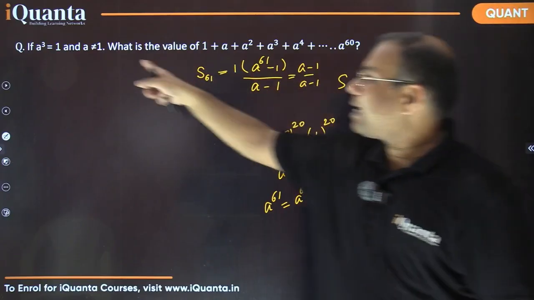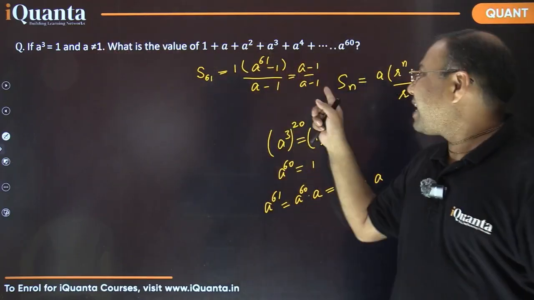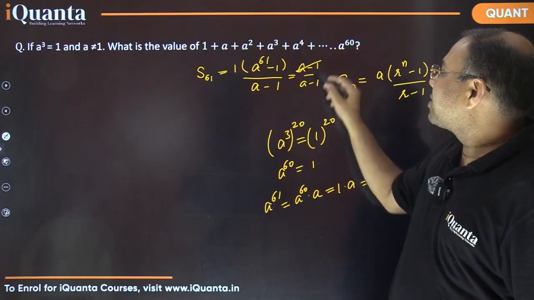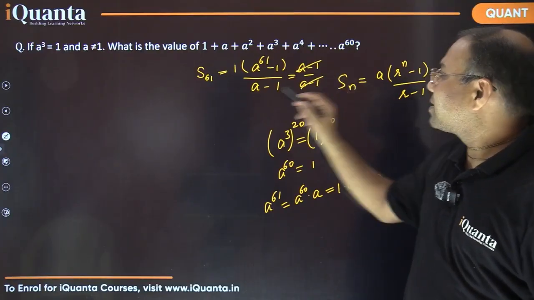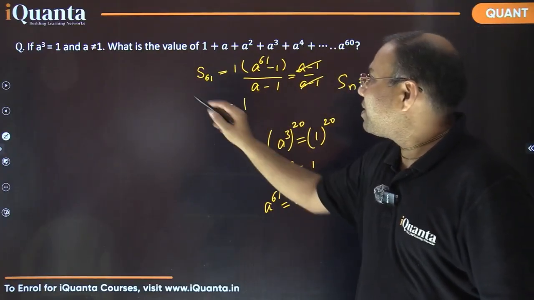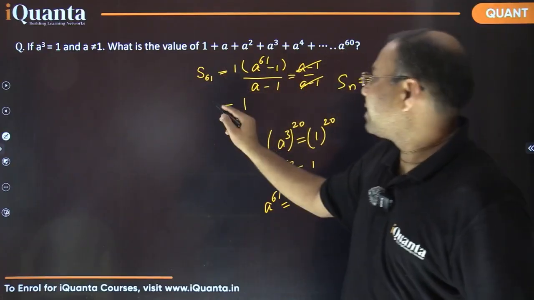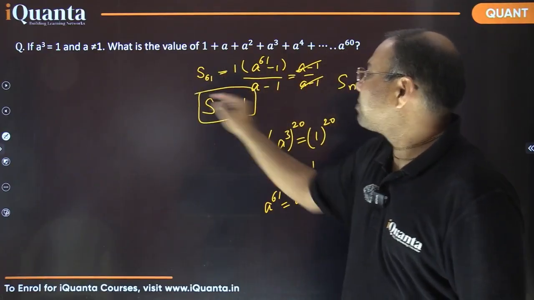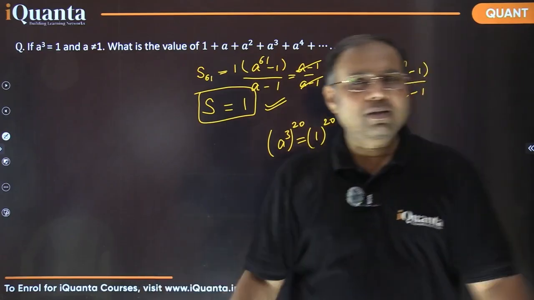And because a is not equal to 1, which means a minus 1 is not equal to 0, we can straightforwardly cancel them to get our answer, which comes out to be 1. So basically this required sum, let me write this as s only, comes out to be 1. That's it, we got our answer, isn't it?